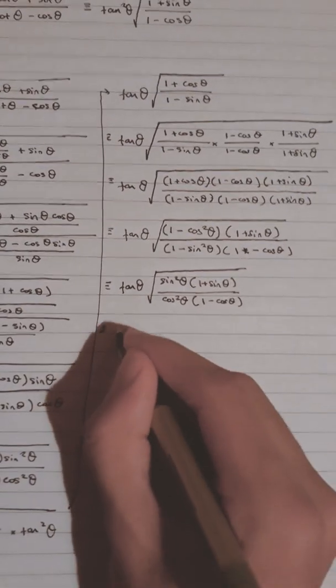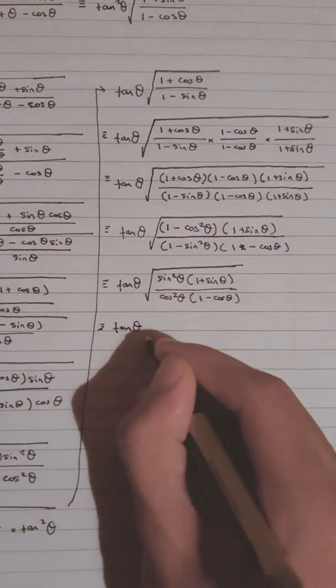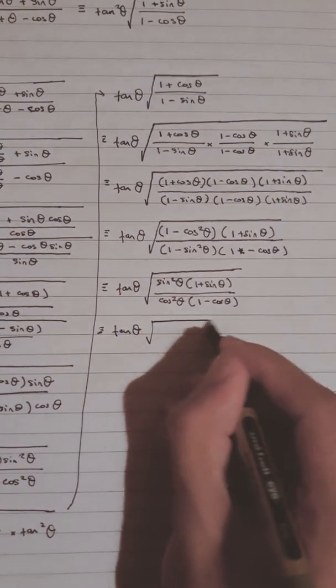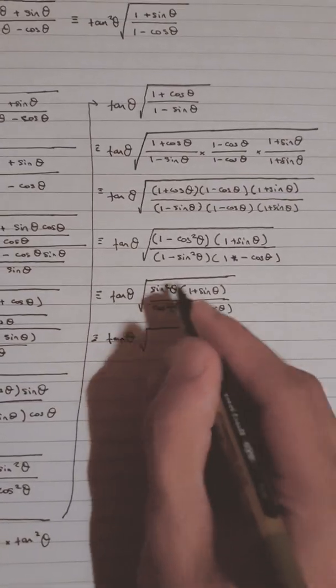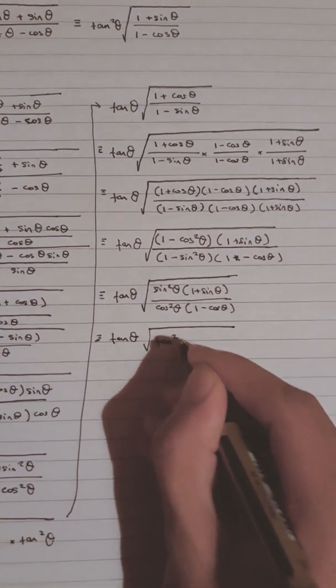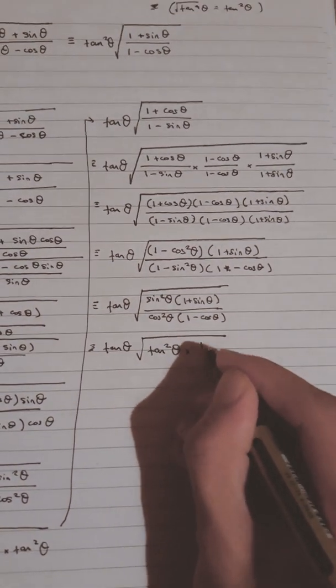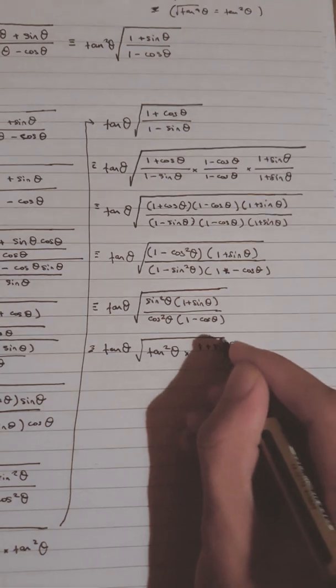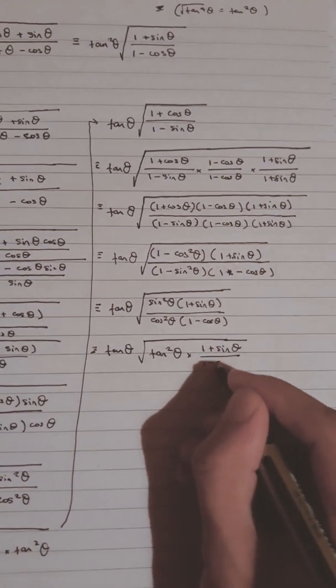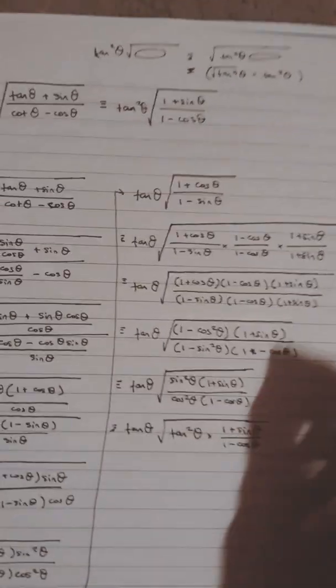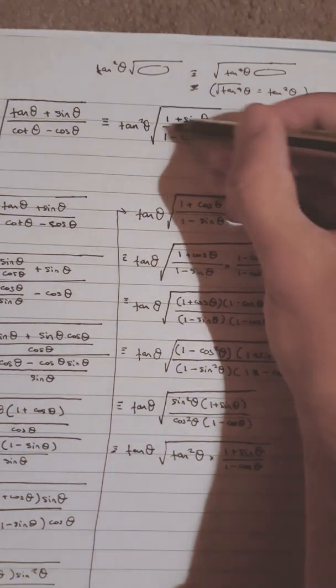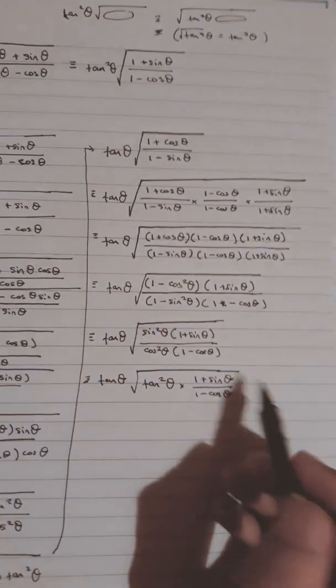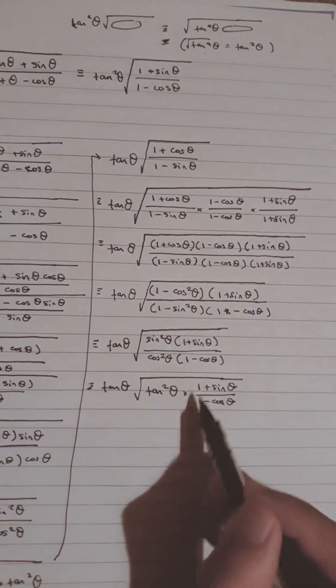And so you may be able to see the answer from here now. So we have a tan squared theta right there, times 1 plus sine theta over 1 minus cos theta. And if we see what we're trying to get, 1 plus sine theta, 1 minus cos theta, you can see this is perfect.